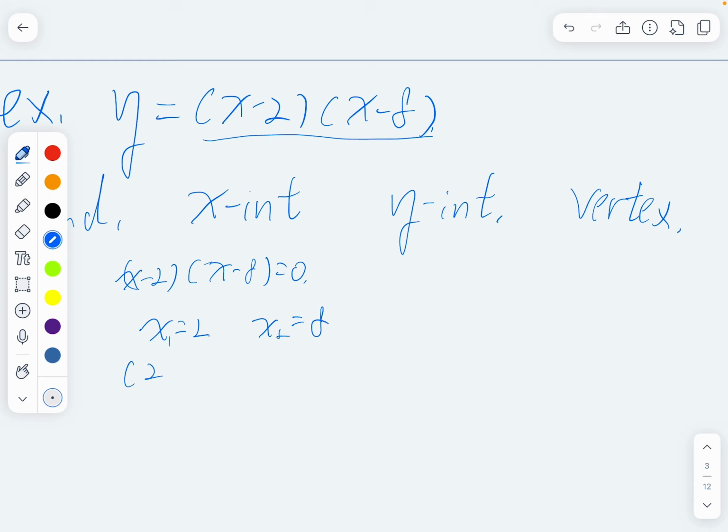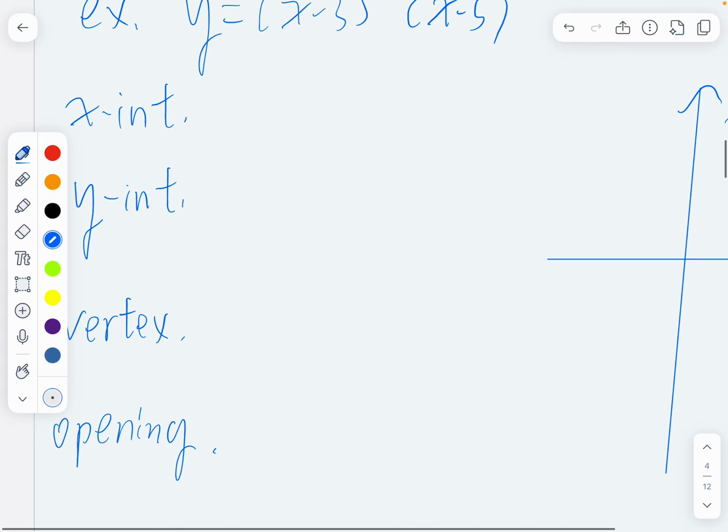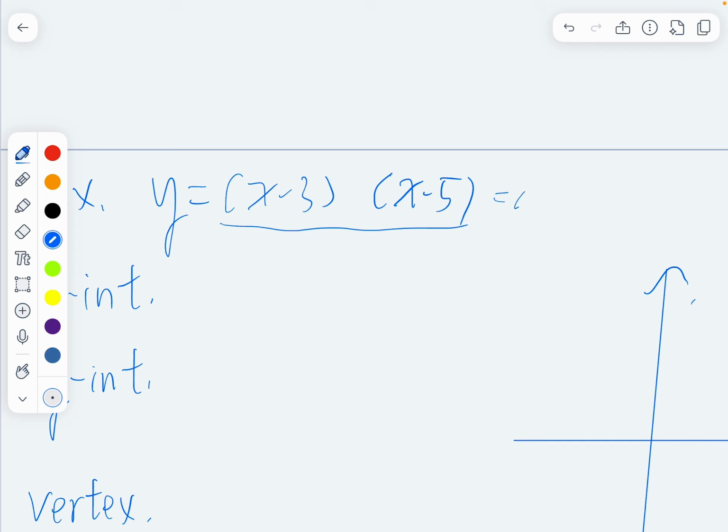So the x-intercepts are (2, 0) and (8, 0). Next we do the same steps for the second one: y equals 0, so x1 equals 3 and x2 equals 5. So it's (3, 0) and (5, 0).